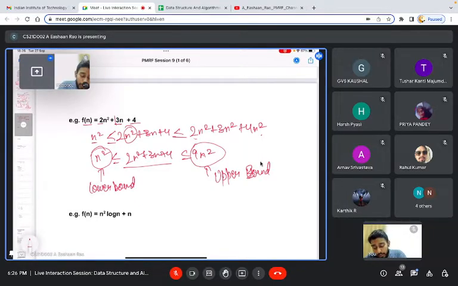We can see that in both cases n^2 is still present as the same function, so we can say that theta also exists. How can we write it? For big O of g(n), we write n^2. For big omega of g(n), we can write n^2.